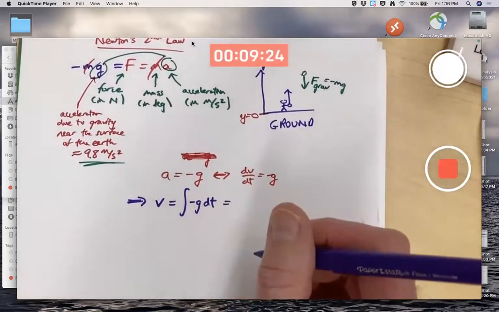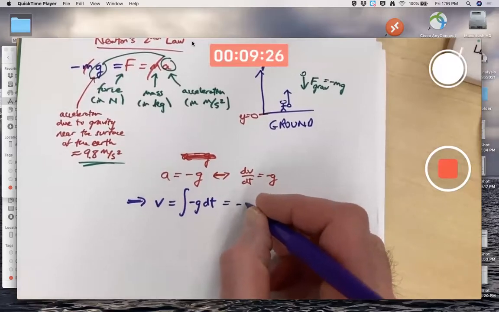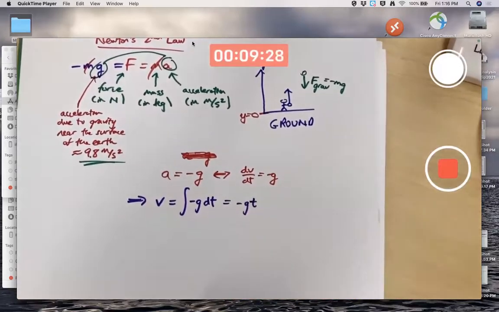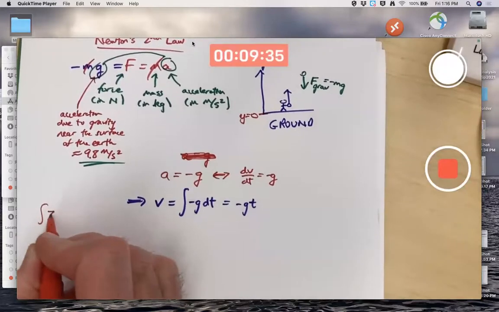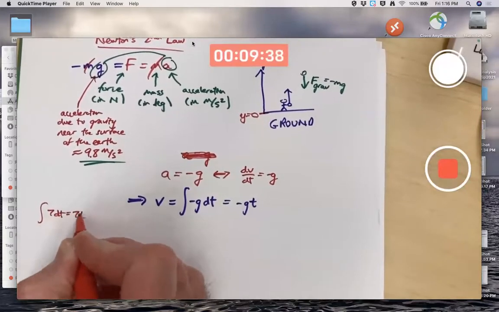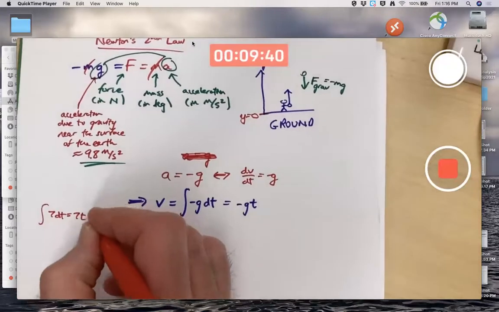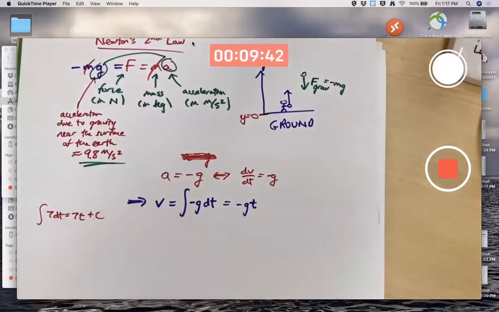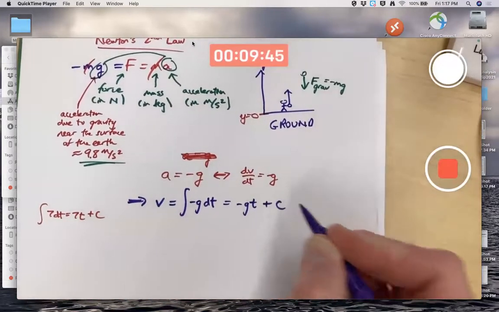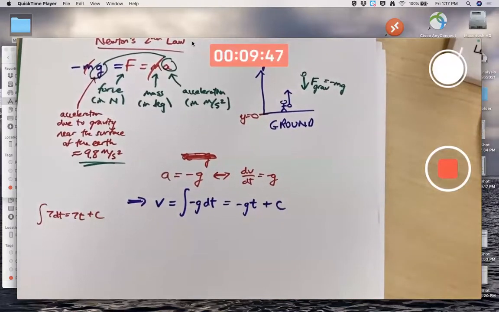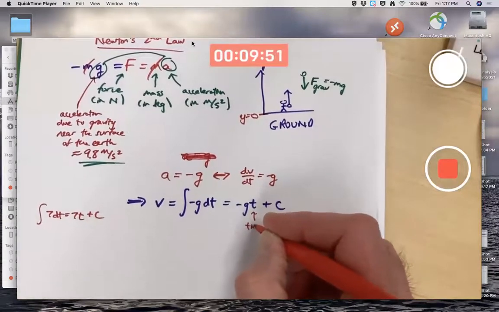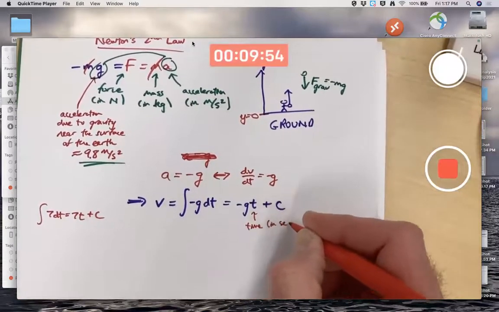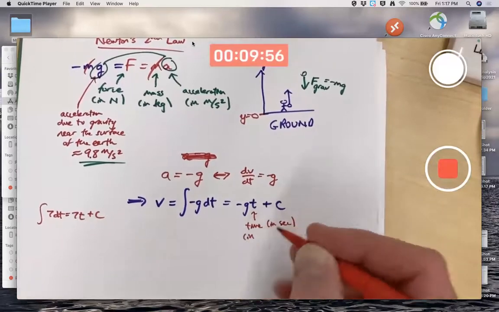When you integrate a constant, you get that constant times the independent variable. It's just like saying the integral of 7 dt is 7t plus an arbitrary constant. I should go plus c. So t here is indeed the independent variable. T is time in seconds, and that is the independent variable in all of this.